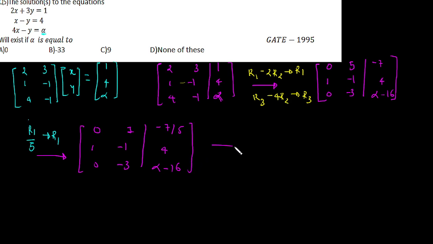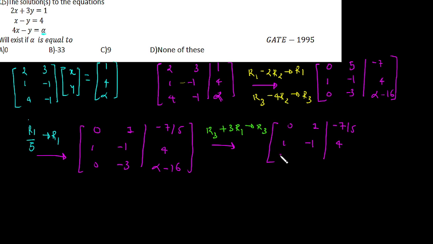Now we have to multiply this first row with 3 and add in this third row. So let's do it. R3 plus 3 times R1 gives new R3. So after this operation, what we are getting: first row remains as it is, nothing is changed, minus 7 by 5. The second row also remains as it is.